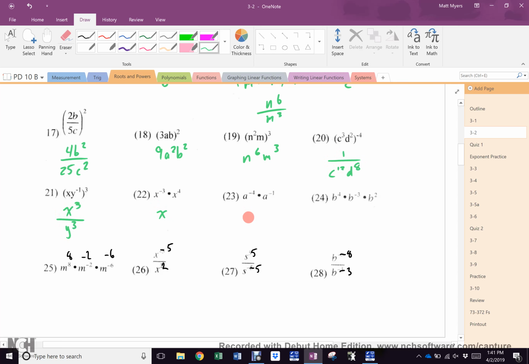X. 1 over a to the 5th. B cubed. 1 over x to the 7th, s to the 10th, and 1 over b to the 5th.